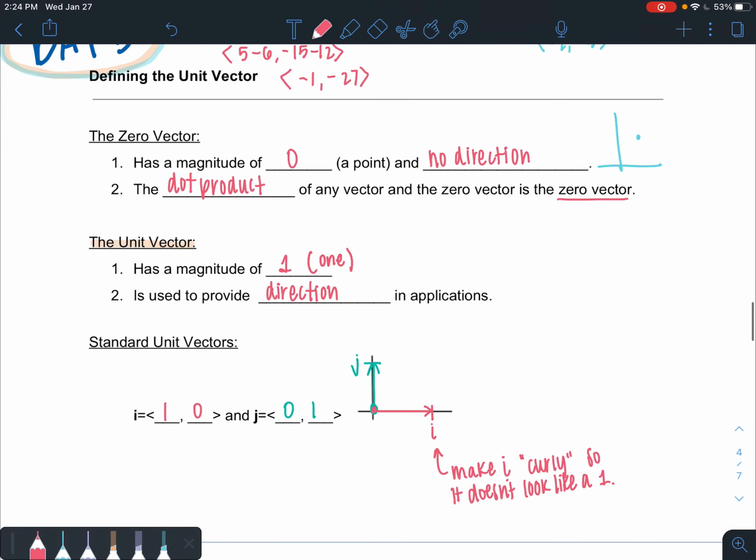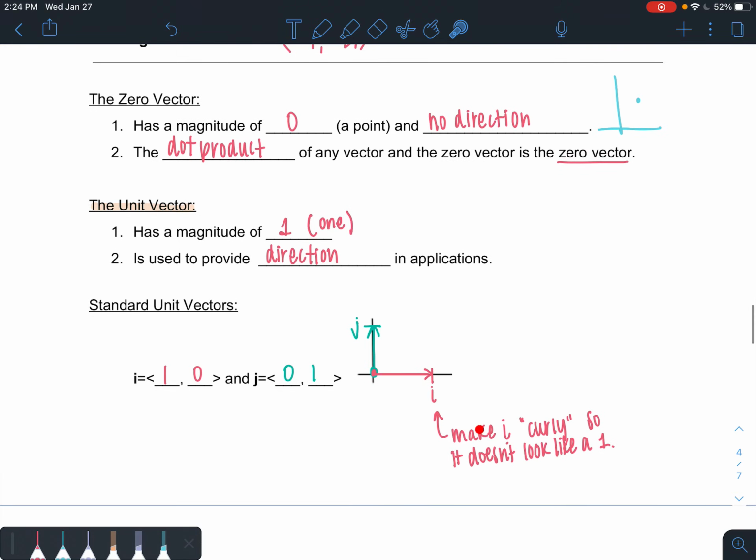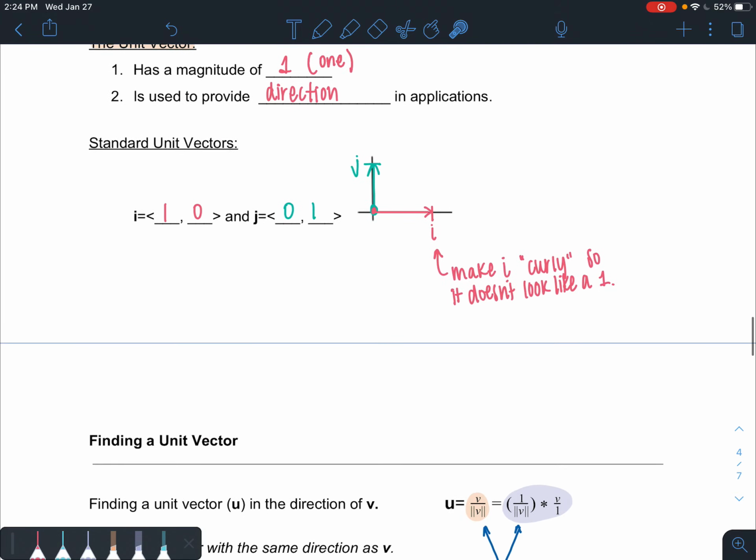We have 2 unit vectors: i, which is 1, 0, and j, which is 0, 1. So when we write out something like 5i minus j, that's because we're multiplying by those unit vectors. And remember to make your i curly so it doesn't look like a 1 when you're writing it quickly.